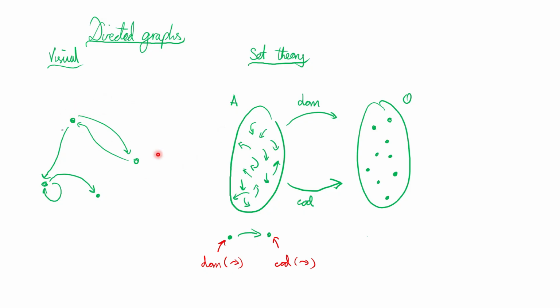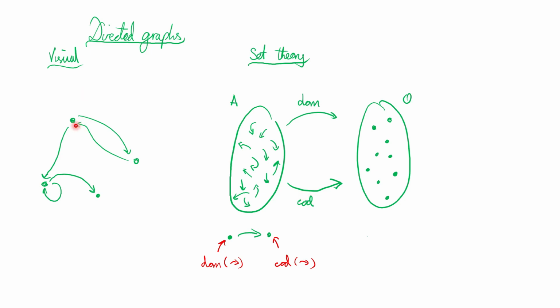So what if there's too many dots or too many arrows and your page can't fit everything? Well, a directed graph in reality is a set of arrows, a set of objects, and two functions, one which identifies where an arrow comes from and one which identifies where an arrow goes to, the so-called domain and codomain.